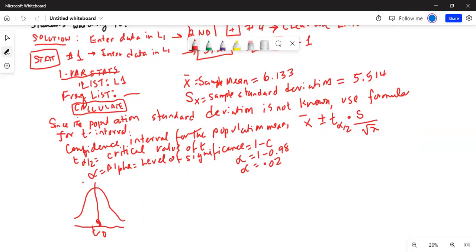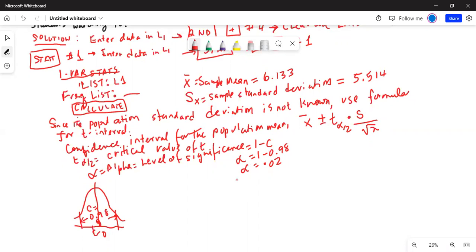So our confidence level is 0.98, which is like this. So area in the center is 0.98, and that is equal to C.